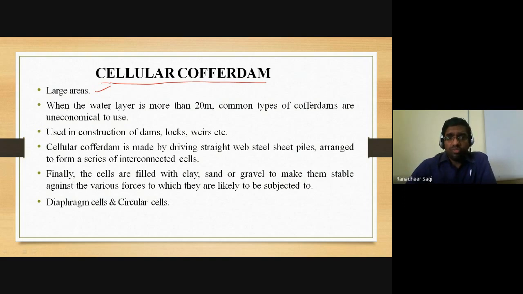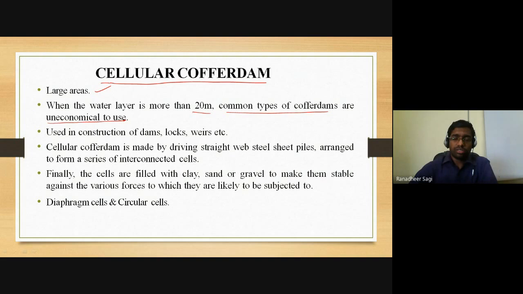These are preferred when the water layer or the depth of the water flow existing there is more than 20 meters. In such a case, we prefer to go for the cellular cofferdam. The most common types of cofferdams are basically uneconomical to use, and the common types we always talk about may not be suitable as per your planning.